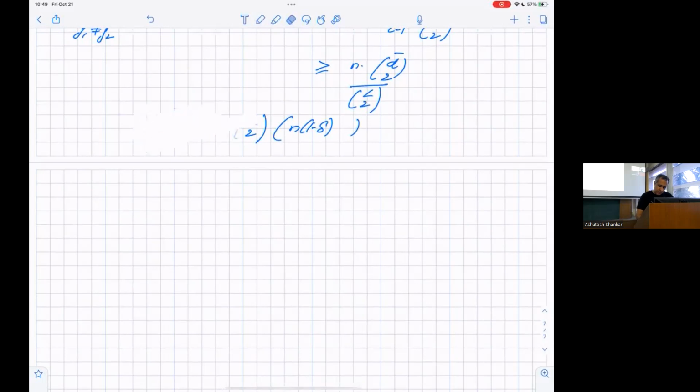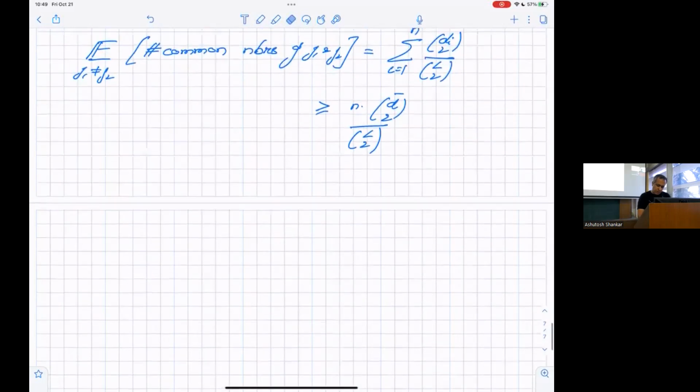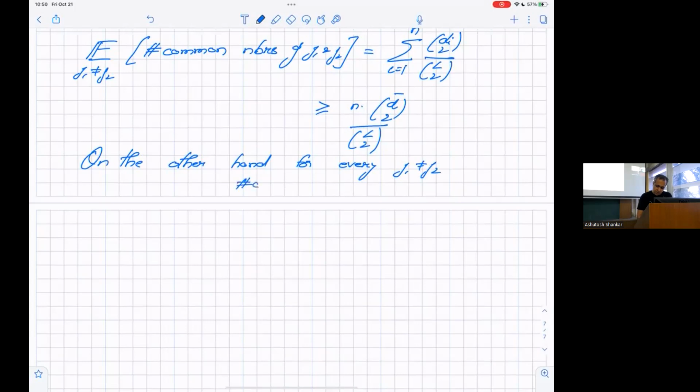On the other hand, for every J1 not equal to J2, the number of common neighbors is always less than or equal to n into 1 minus delta minus 1, because that's the distance of the code.